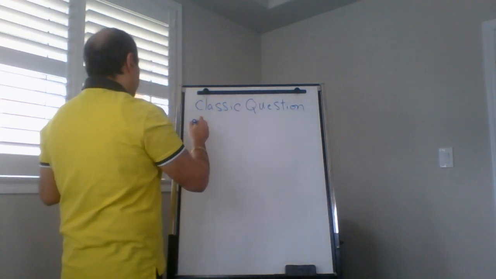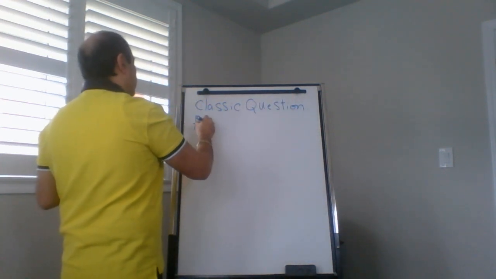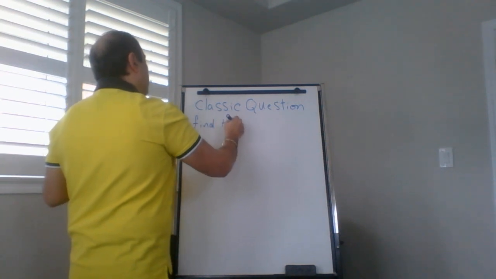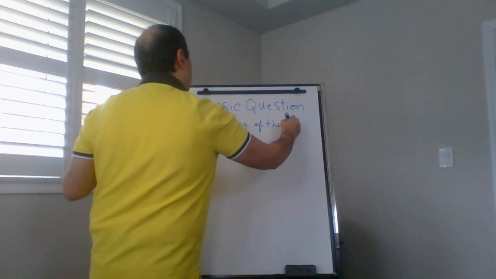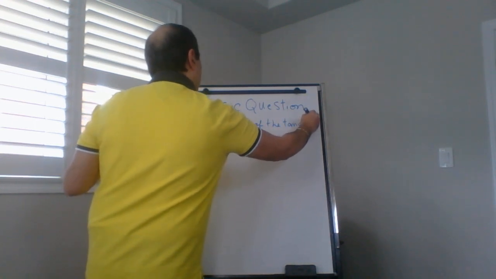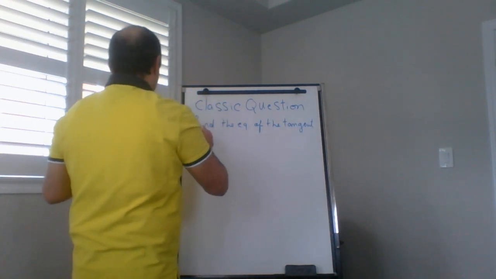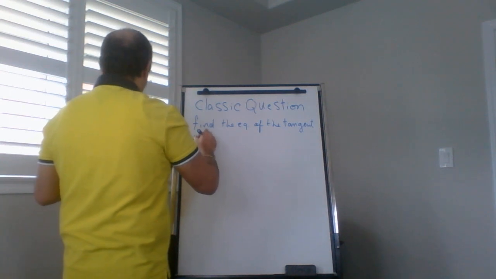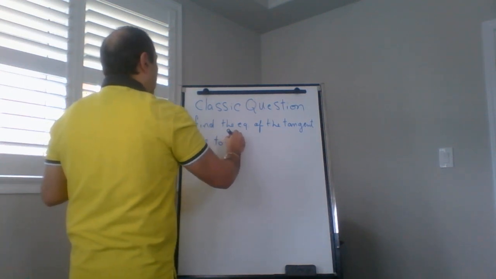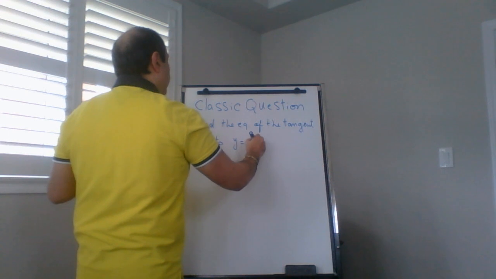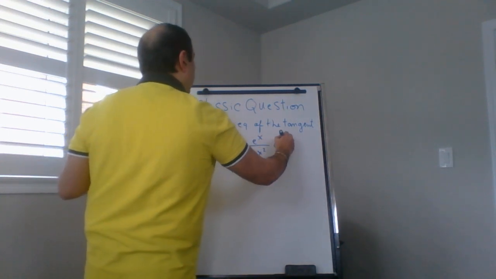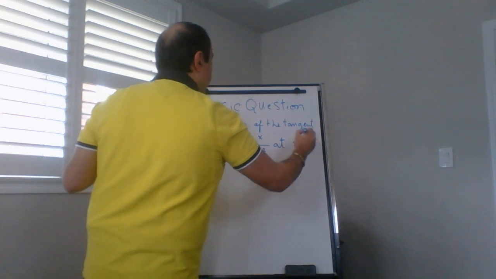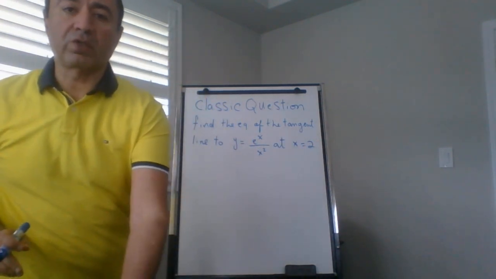The classic question says find the equation of the tangent line to y equal e to the power of x over x squared at x equal 2. This is a classic question.